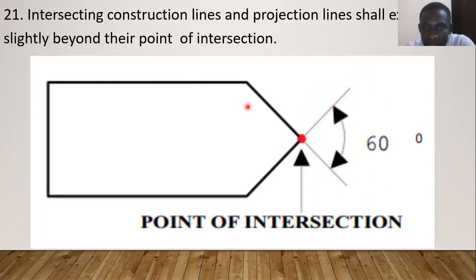You remember we said that dimensions should not be inside the object. So we should not have our dimension over here, but rather outside of the object. To indicate that dimension, you draw intersecting lines outside of the object, and they should extend beyond the point of intersection. Here's our point of intersection. Look, my laser pointer is showing it.